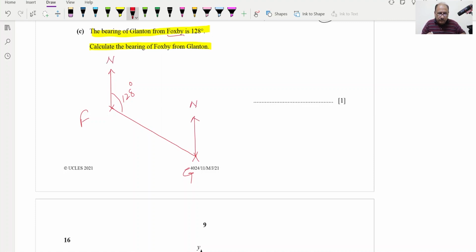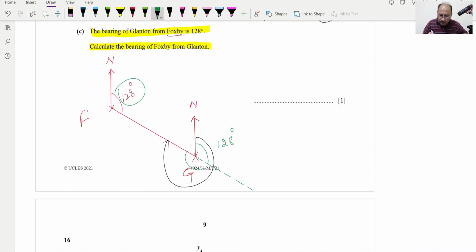Now we need to find this bearing. We can do one thing: we can extend this line by dotted lines like this, and this angle will be the same as this one, 128 degrees.